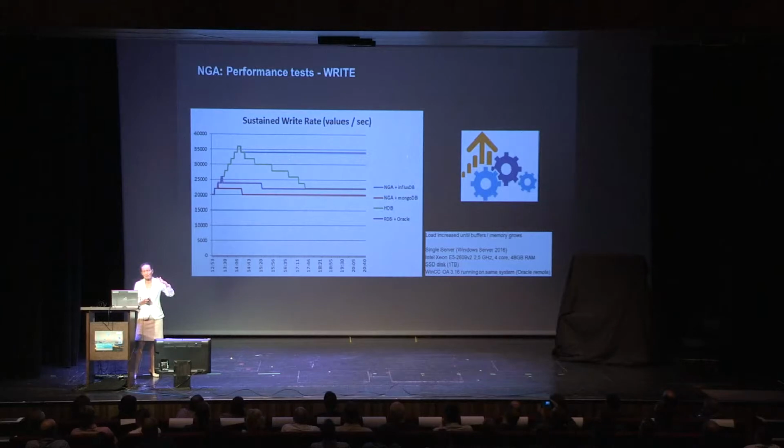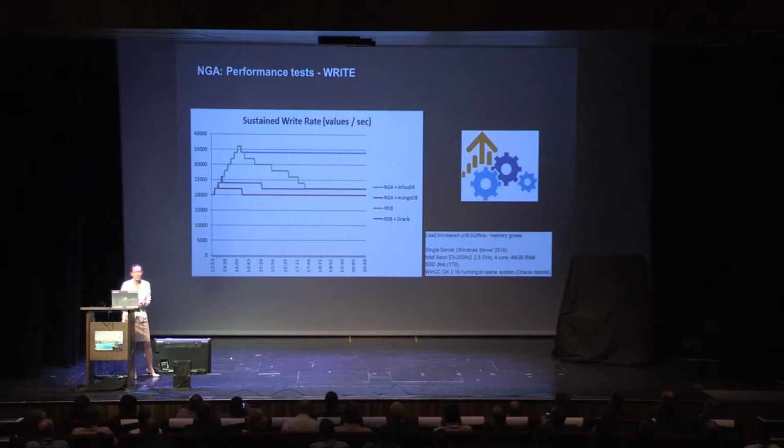We stop raising the amount of data we send, and we start decreasing again, also in the same steps, until we are getting back into a stable mode. And here we can see that the InfluxDB with the next generation archiver can handle about 50% more data than the other solutions. Why is that?